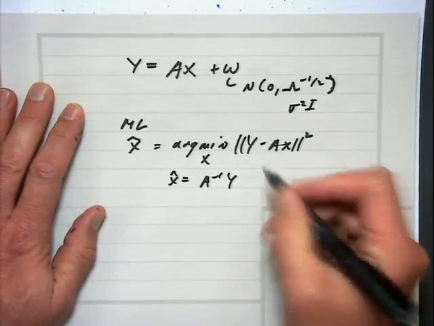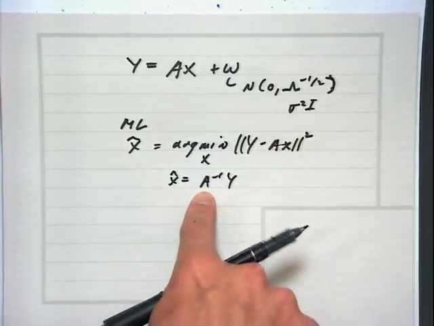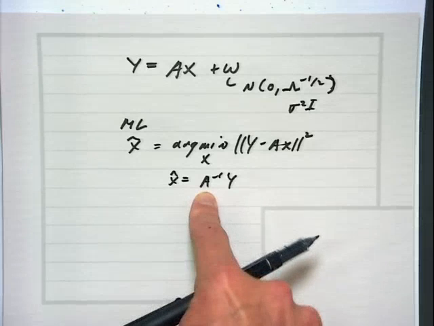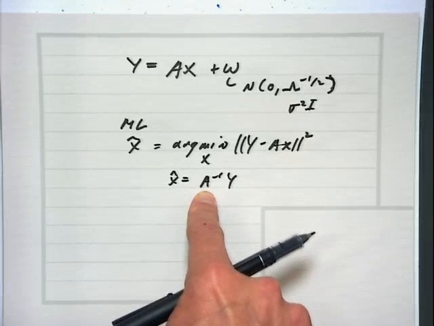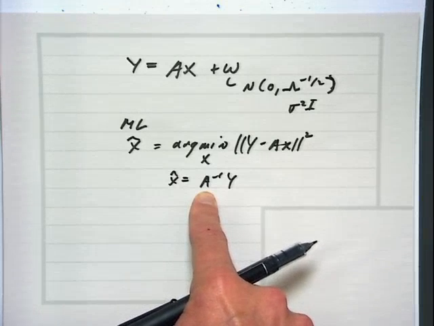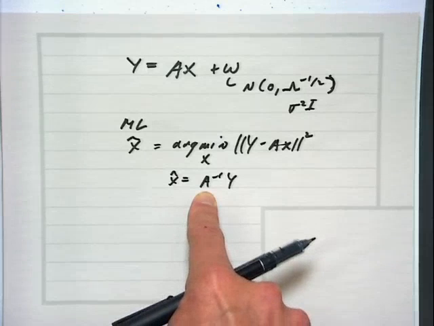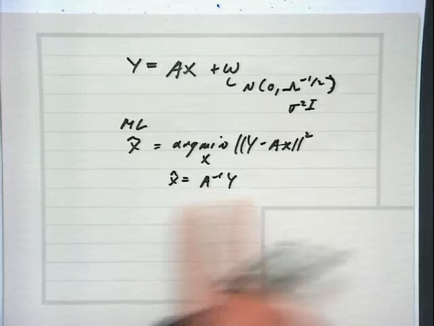If A has a small singular value, it's best not to think of it as an eigenvalue, think of it as a singular value. If the singular value is small, then you have to divide by a very small number to recover that signal component. And this is not going to work.